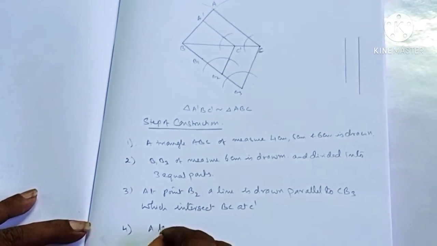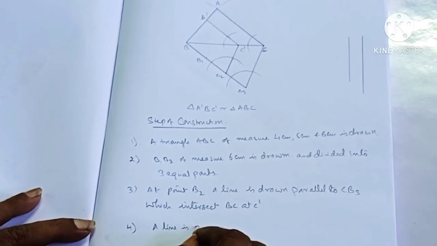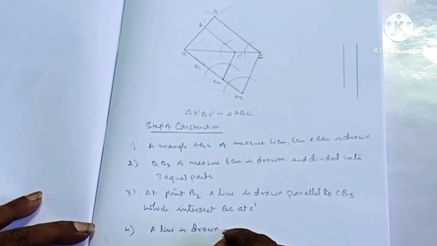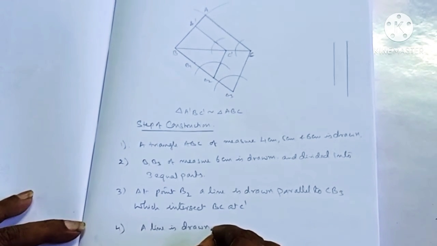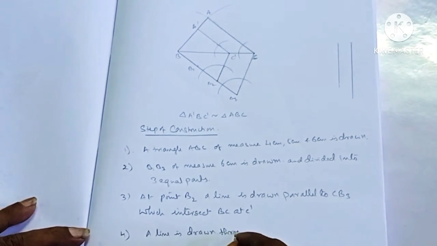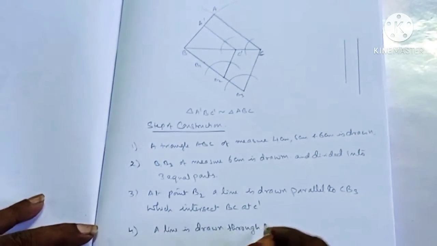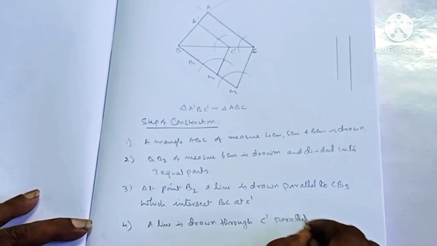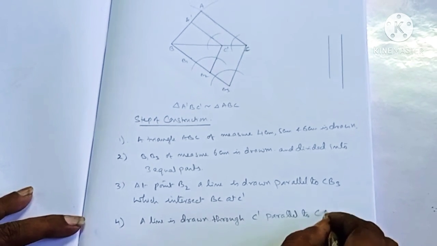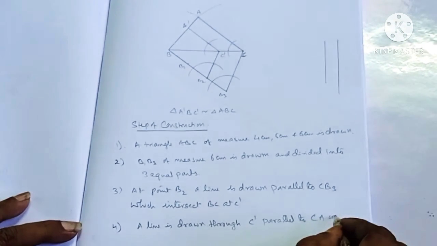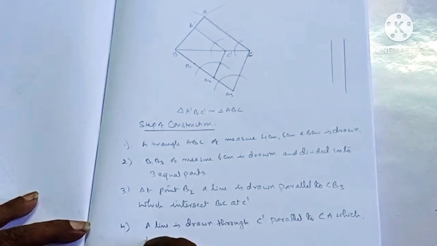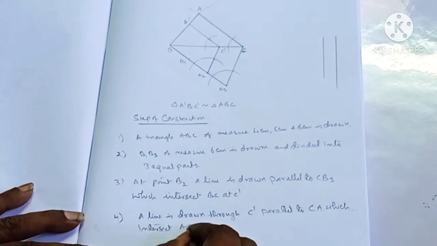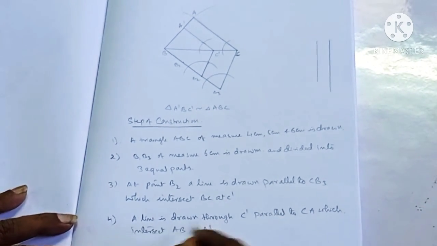Now again, a line is drawn through C dash parallel to CA, which intersects AB at A dash.